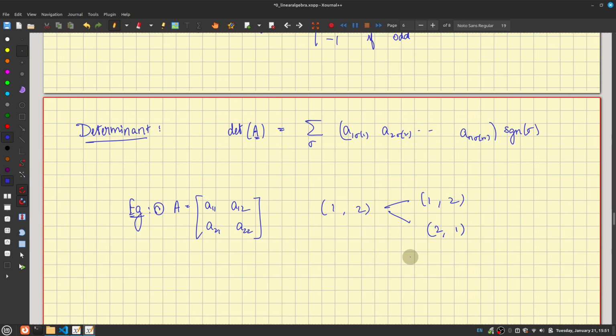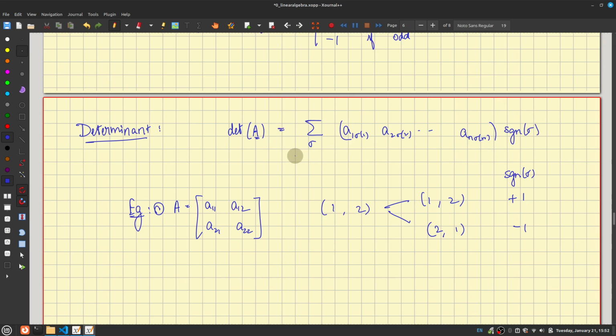What is the sign of this permutation? This is plus 1, and this is minus 1. In this case, sigma of 1 is 1 and sigma of 2 is 2. And in this case, sigma of 1 is 2 and sigma of 2 is equal to 1, correct?